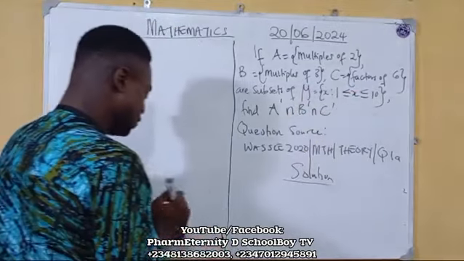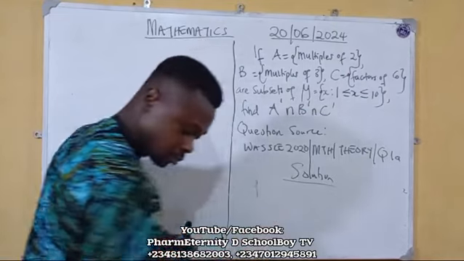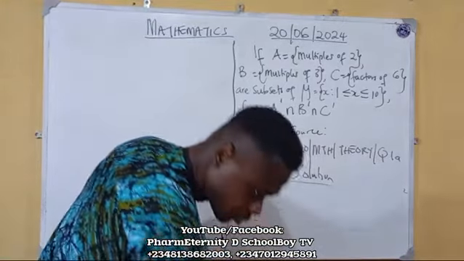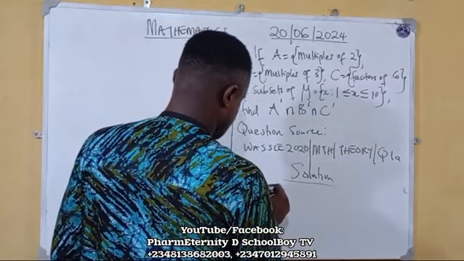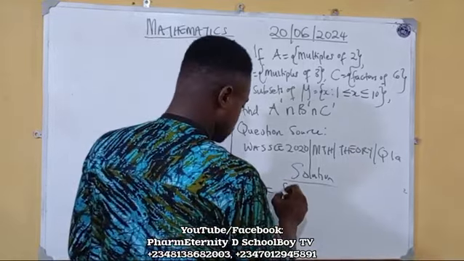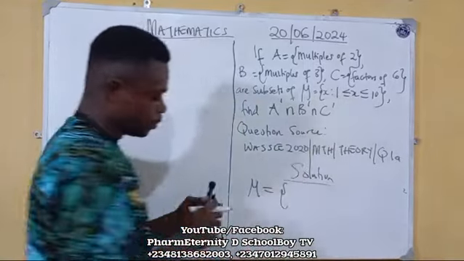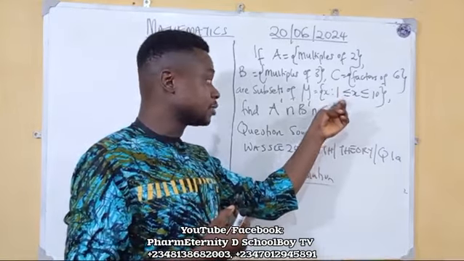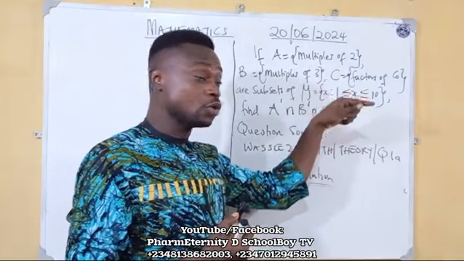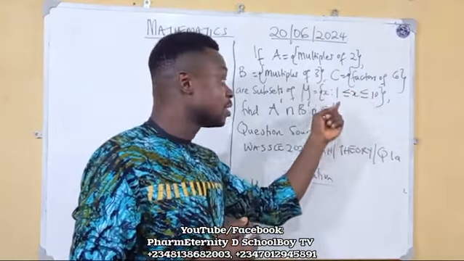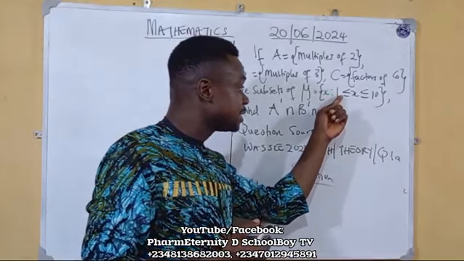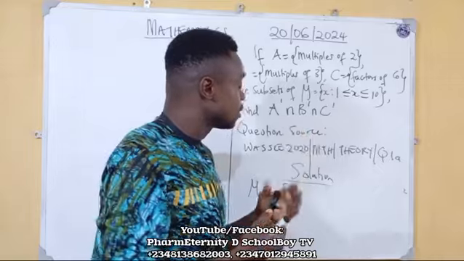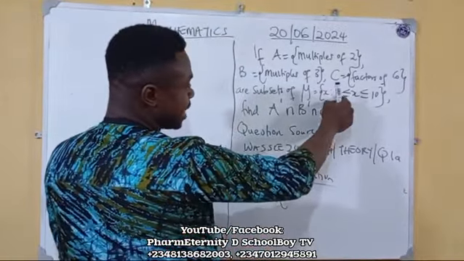Now, the universal set mu is equal to, okay, 1. So what it means is that 1 is less than or equal to X. So 1 is inclusive in the content of this universal set. So X includes values that start from 1.